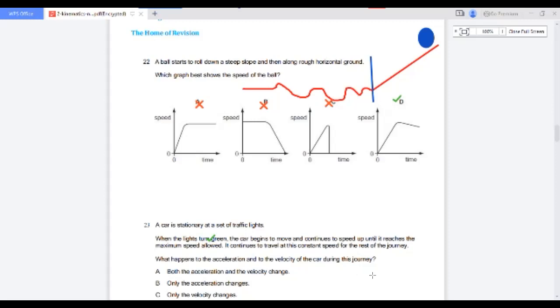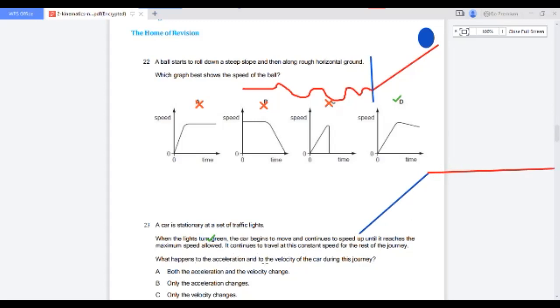So the graph would be something like this, increasing and then maximum. This is the maximum part of the speed. It continues to travel at constant speed for the rest of the journey, like this.